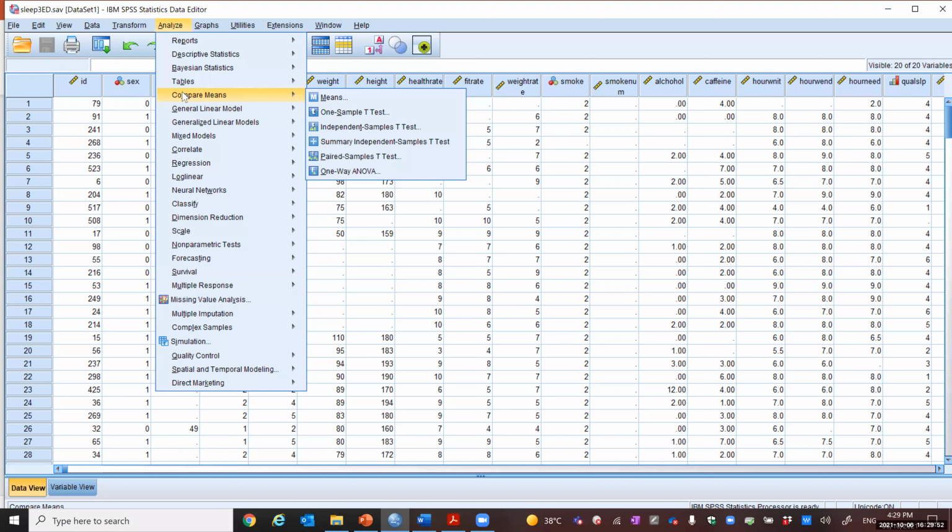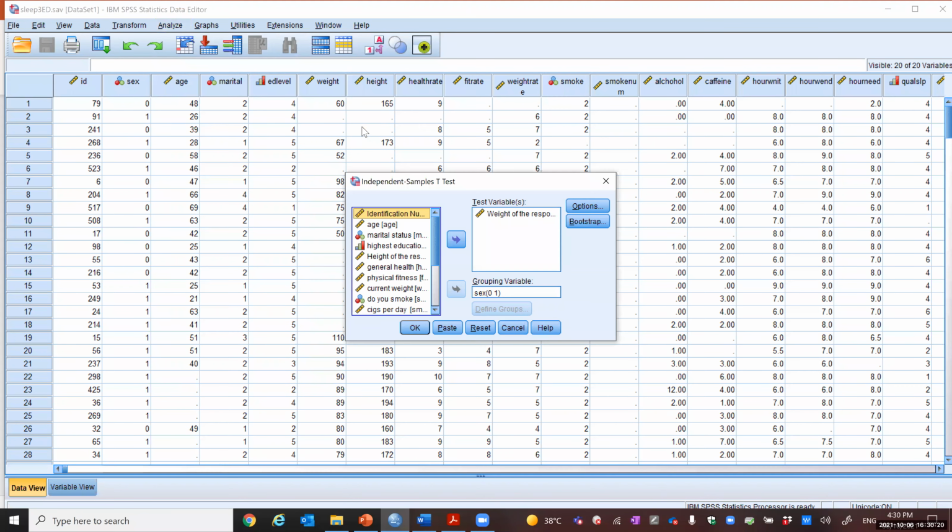Because here I have two distinct groups, males and females, I'm going to choose the independent samples t-test, because both groups are different and both groups are measured at one point in time. If I had the same group measured at two times, then I would have used the paired samples t-test.